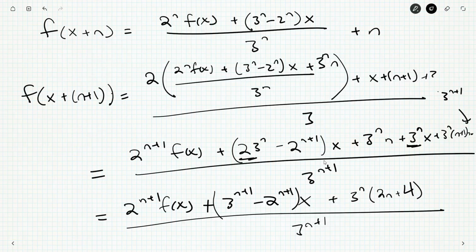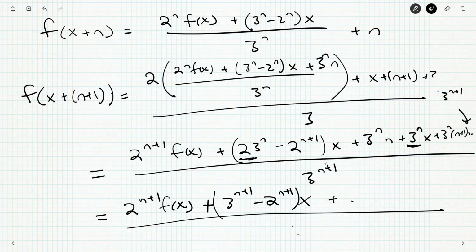And so that becomes 3 to the n times 2 times n plus 2. And I can't exactly divide that out. I think my constant is off. Other than that, everything seems fine.